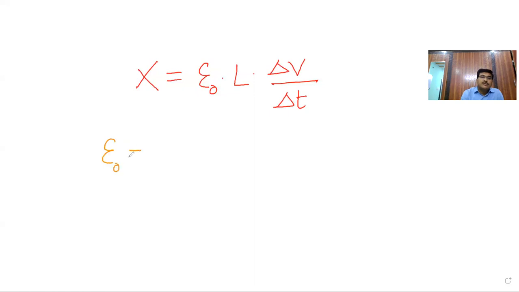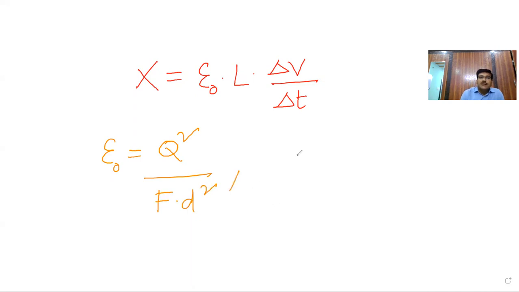What is the definition of quantity given? x is epsilon into length L into potential difference delta V by time interval delta T. This was the expression given to us. Now, from the previous session, we know that the dimension formula of epsilon is, in terms of the quantities, Q square by F into D square.